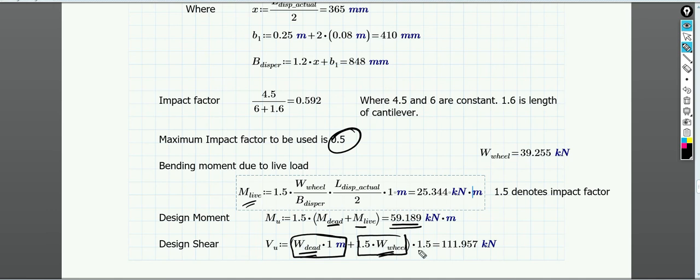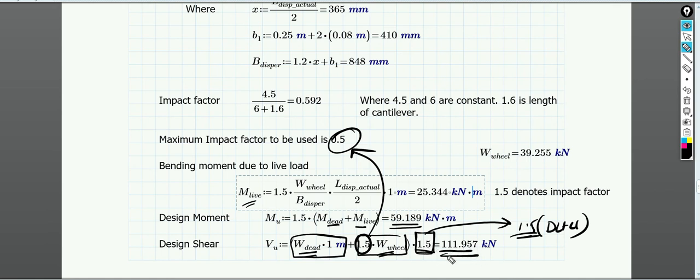This 1.5 into 1.5, because the design load factor for dead load and live load is 1.5, the partial safety factor, and the other 1.5 is the impact factor. The shear force is coming out to be 1.957 kilonewton.